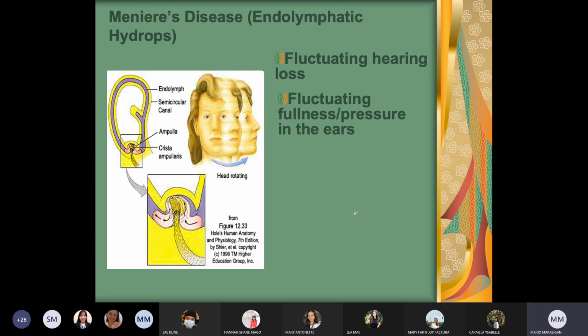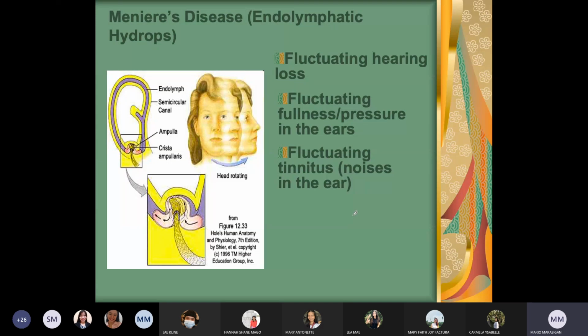So you have a triad of symptoms in Meniere's disease. Okay? We call it episodic vertigo. You have the tinnitus or the ringing of ears or unwanted noises in the head or ear. And the third one is the fluctuating hearing loss, right? The fluctuating hearing loss, specifically sensorineural hearing loss.